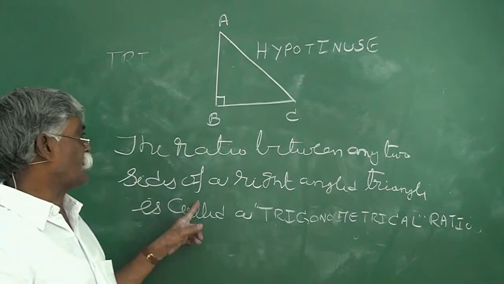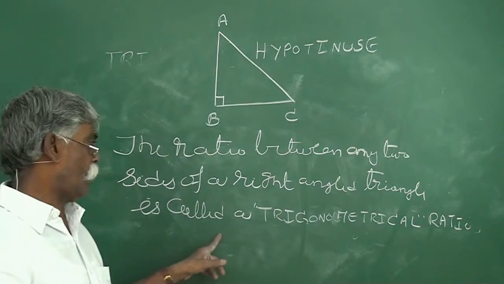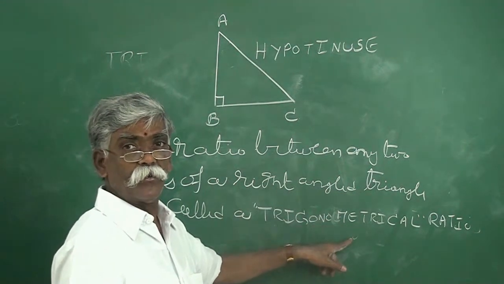So the ratio between any two sides of a right angle triangle is called trigonometrical ratio.